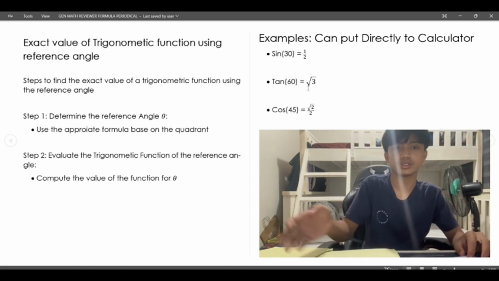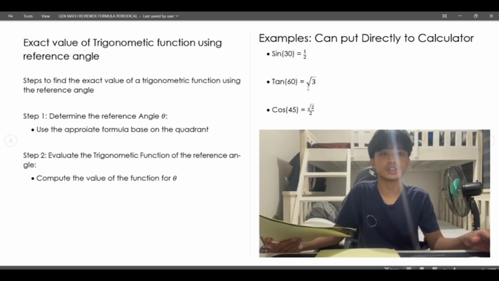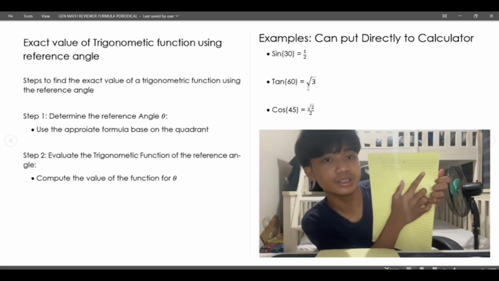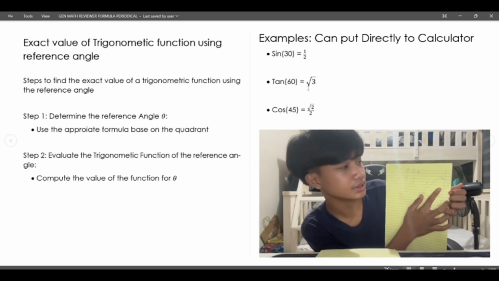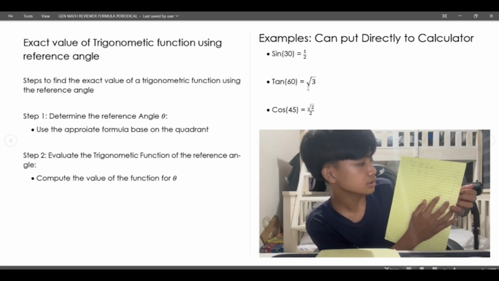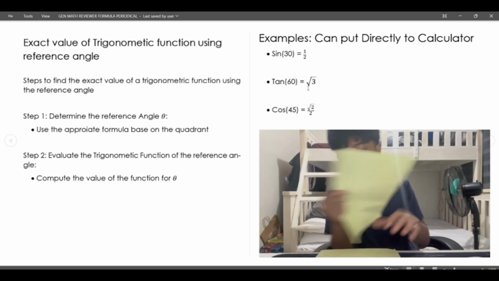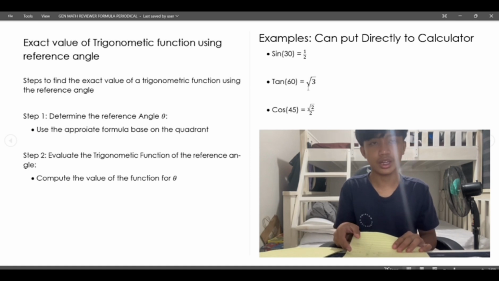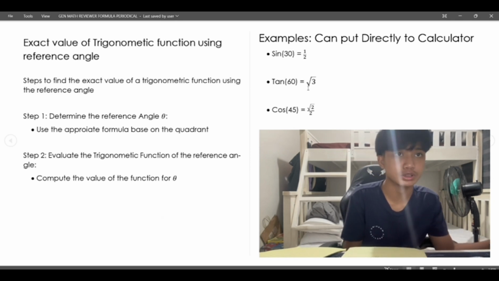Without a calculator, we use the 30, 60, 90 right triangle. The opposite of 60 is square root of 3 and the adjacent is 1. So the answer is square root of 3.